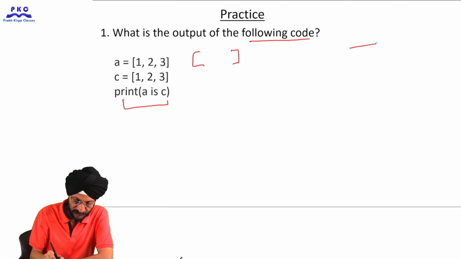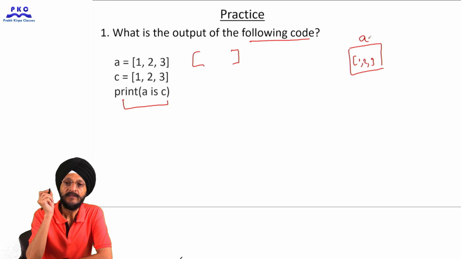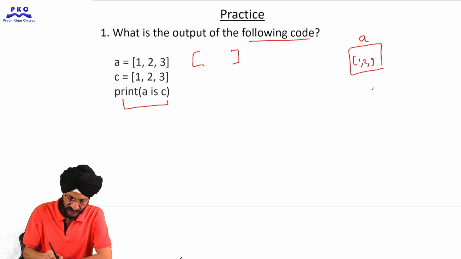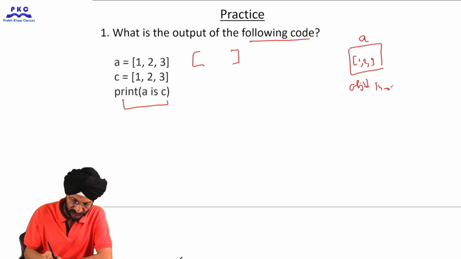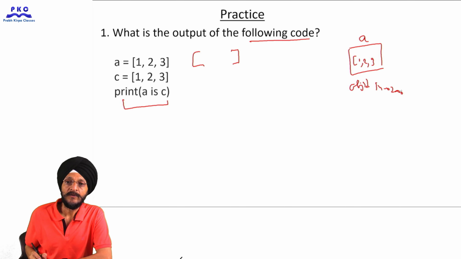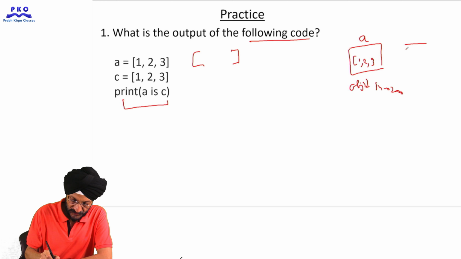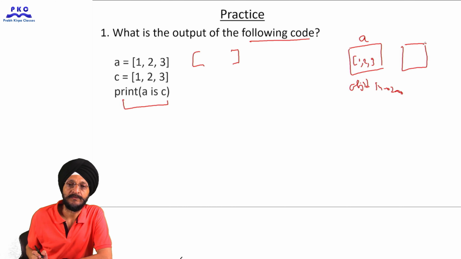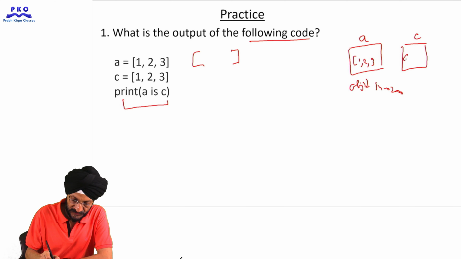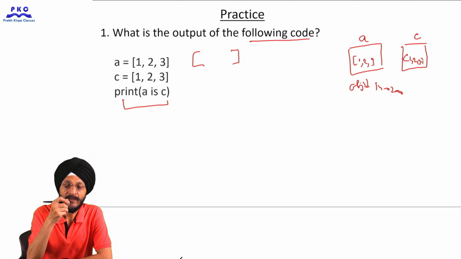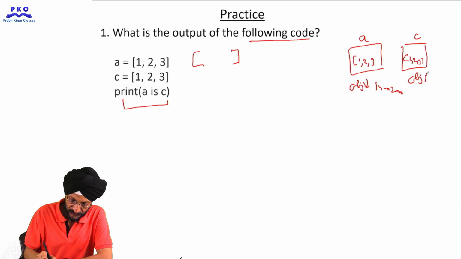It means that suppose this information is contained here and it is a variable A and its object ID may be something like 14,200. But when we create another list with the same values, the object ID will be different.